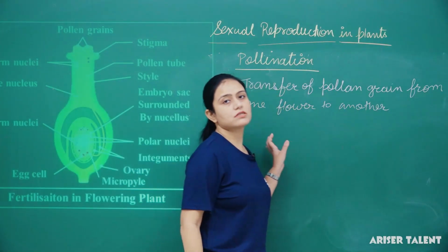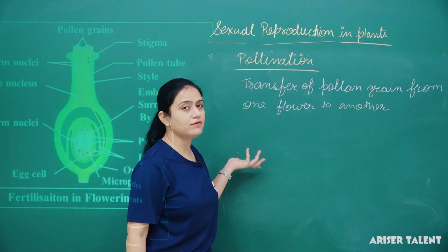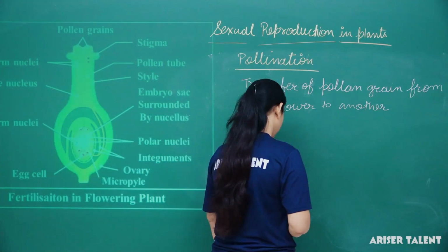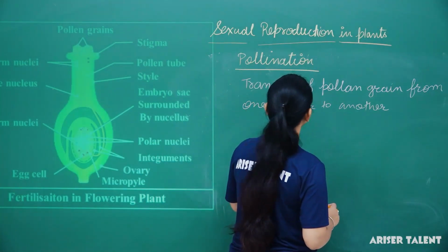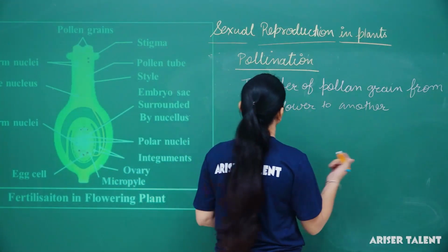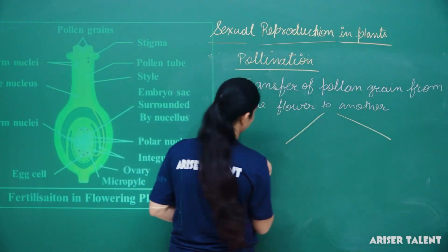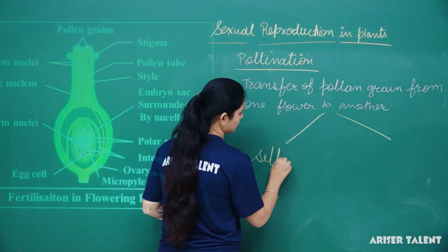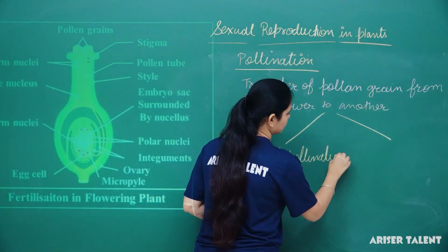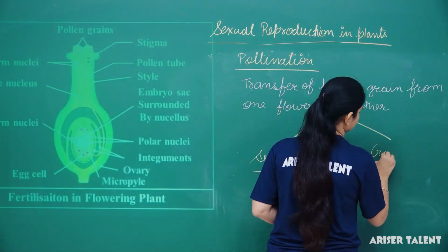This process is known as pollination. Generally, pollination is of two types, self-pollination and cross-pollination.